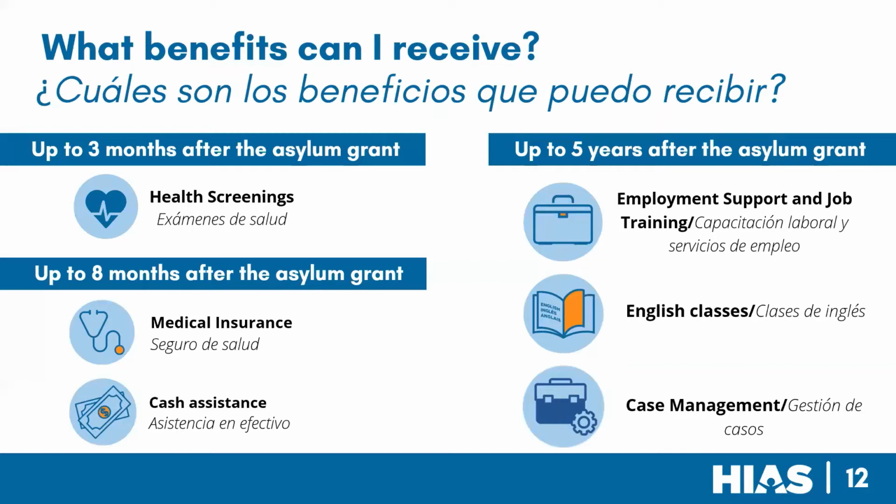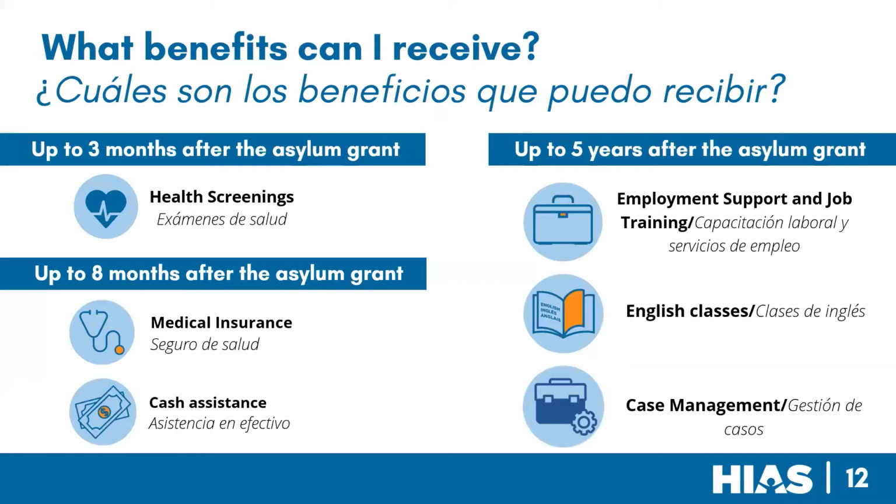Now, after that 5-year period ends following an asylum grant, asylees would no longer be eligible for any benefits and services through their local resettlement agency. So as you can tell from the timeline I outlined, all of these benefits and services are really only available to you for a specific amount of time starting the day you receive your asylum grant.